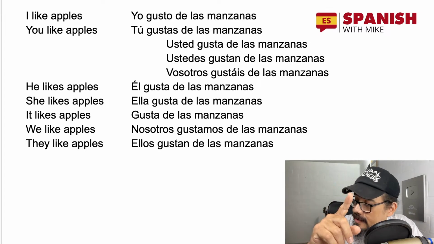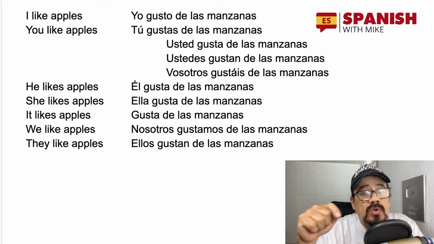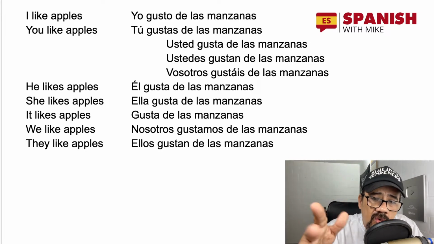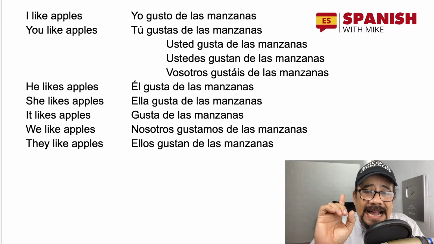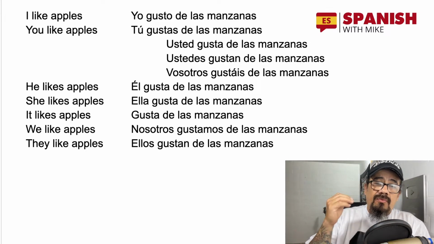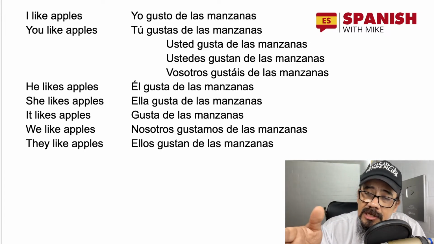Check it out. Here we are using gustar de as the verb to like, yo gusto de, right? And we follow all the conjugation rules for regular verbs ending in ar. Remember that we have classes of regular verb conjugations. You can check that also here on the channel.